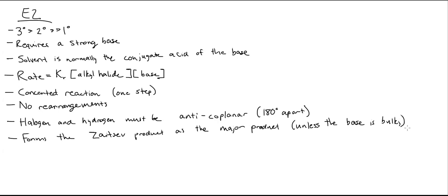If we have a bulky base, we don't form the Zaitsev product; we form a different product. But if the base is not bulky, just a regular base, then we do form the Zaitsev product. Again, we'll worry about what that means in just a second.